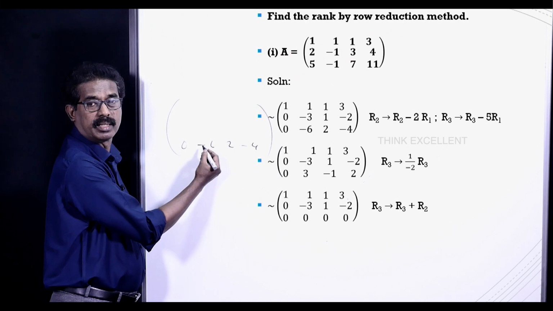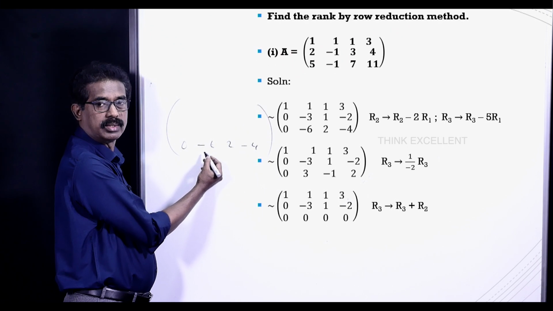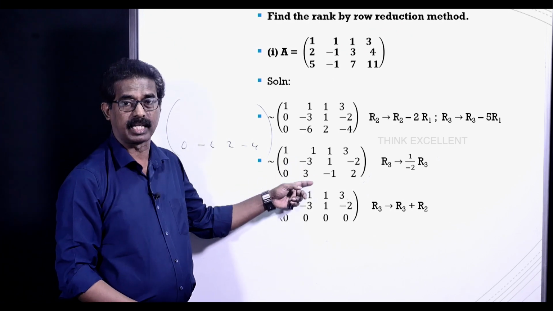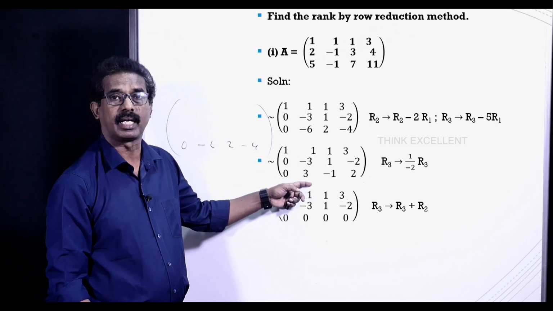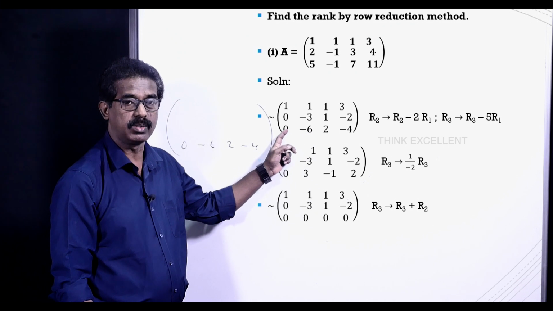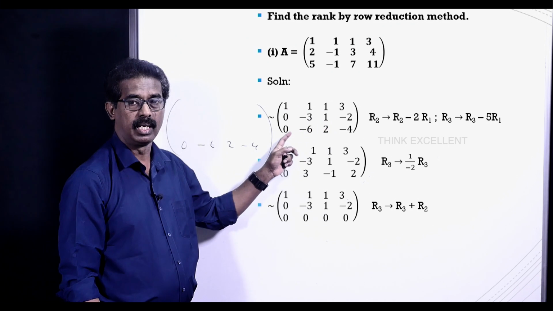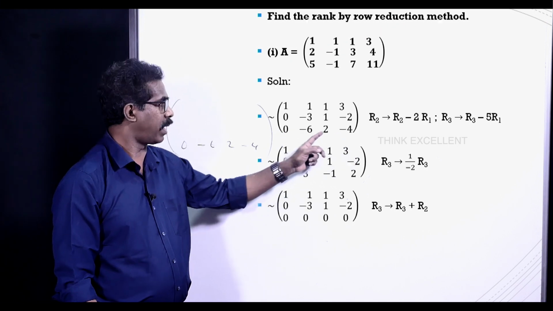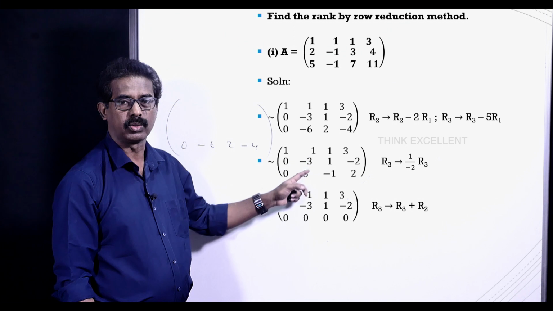What is common here? Minus 2, right? So we are dividing that by minus 2. So that is the second elementary transformation, right? What is the second elementary transformation? One row can be multiplied or divided. This is the step I explained first. Now here, what is common? 2 is common. So by minus 2 we are dividing. So we are getting this step.